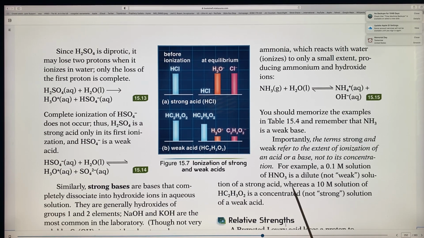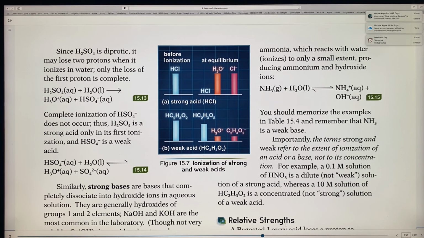It's a weak acid. So basically you can't go by the molarity to find out. If a test question says this one is going to be stronger because 10 molar is stronger than 1 molar, no, you can't go by that.